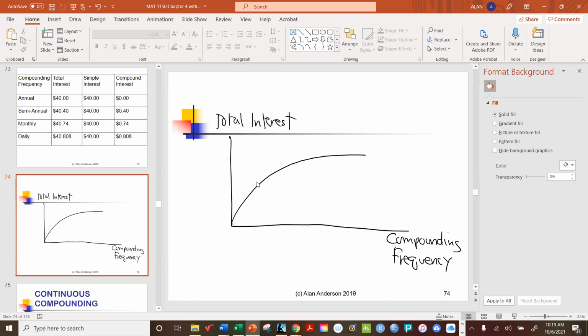It goes up and up and up, and then it just sort of levels off. Now, we're going to see in about a minute that there's some limiting case to this. In other words, imagine that I turn it around now and I say, what would happen if we had interest compounded, not just every day, but every hour?